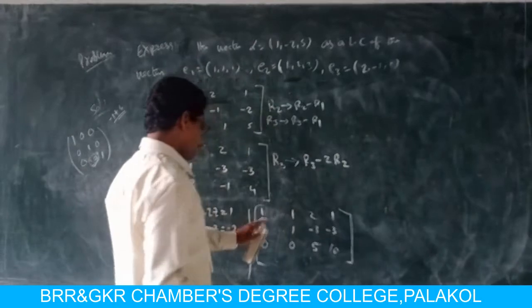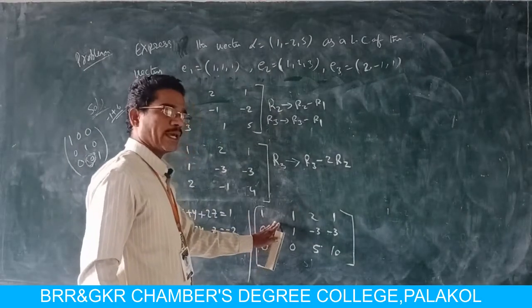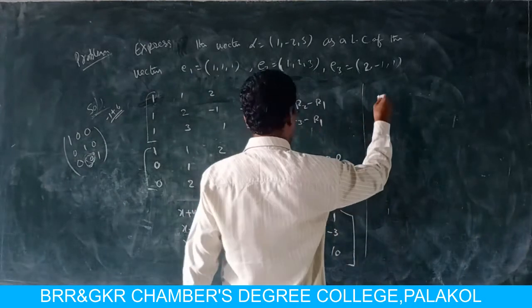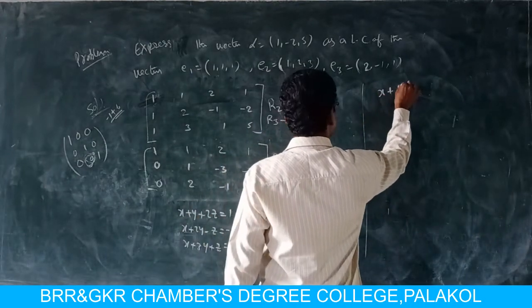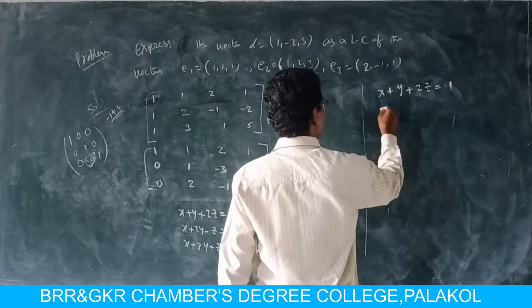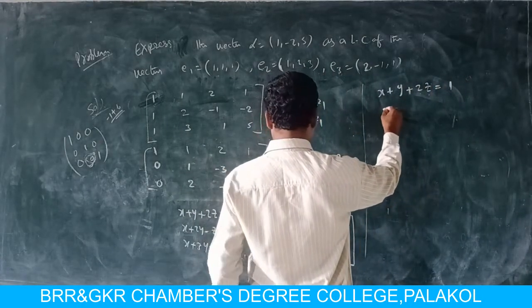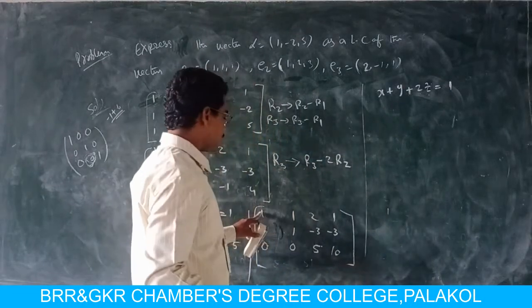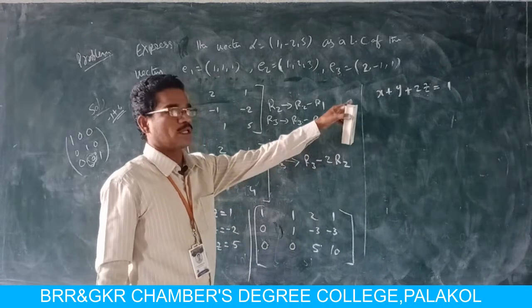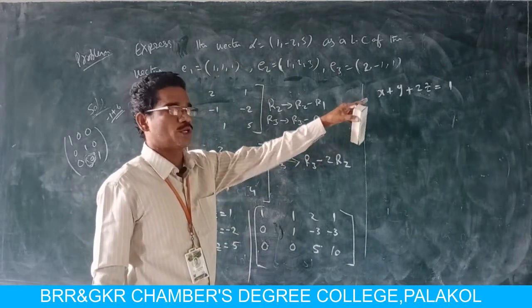Now this matrix form, the echelon form, is changed into equations. Then x plus y plus 2z equal to 1: 1 into x plus 1 into y plus 2 into z equal to 1.